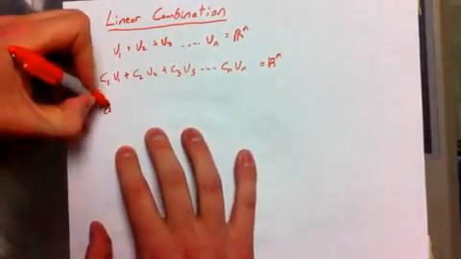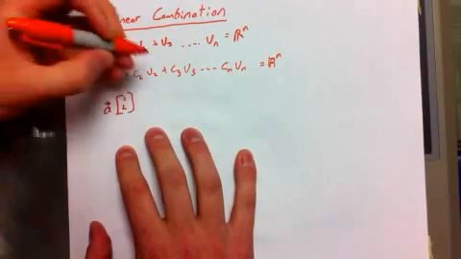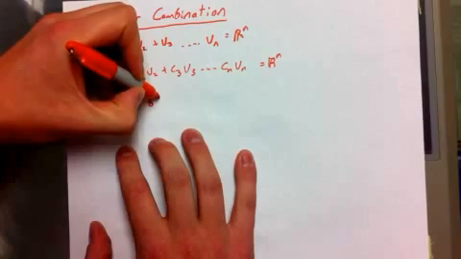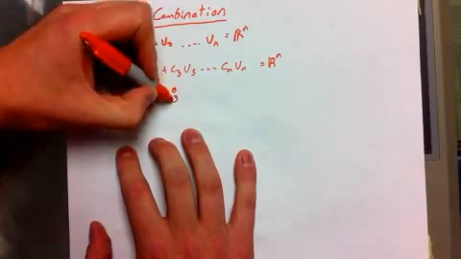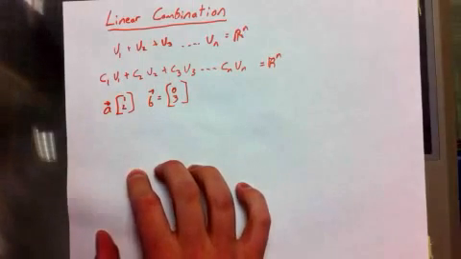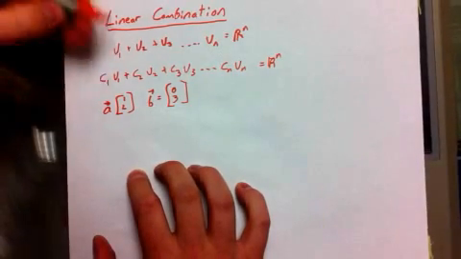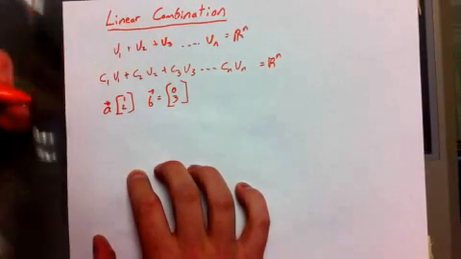Say we have a vector A, which is (1, 2), and a vector B, which let's say is (0, 3). If we have those two vectors, what are linear combinations of them? All we're really doing is finding the C's that we can put in front of our two vectors.